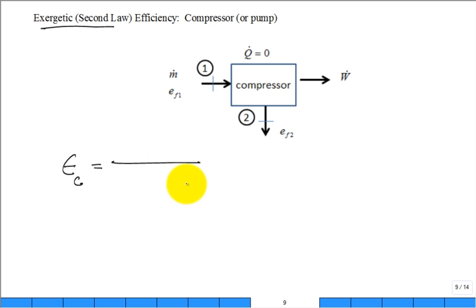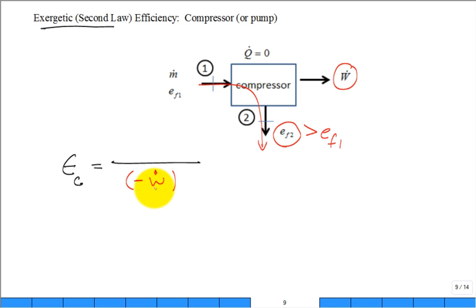The purpose is, we know that this is going to be negative, and you're trying to increase the flow exergy of the fluid stream. You want that EF2 to come out greater than EF1. That's the purpose of a pump or compressor. What you put in, not all of it is going to go there, but that's the in. I like to put a minus sign on that, since I expect it to be negative, to make it positive.